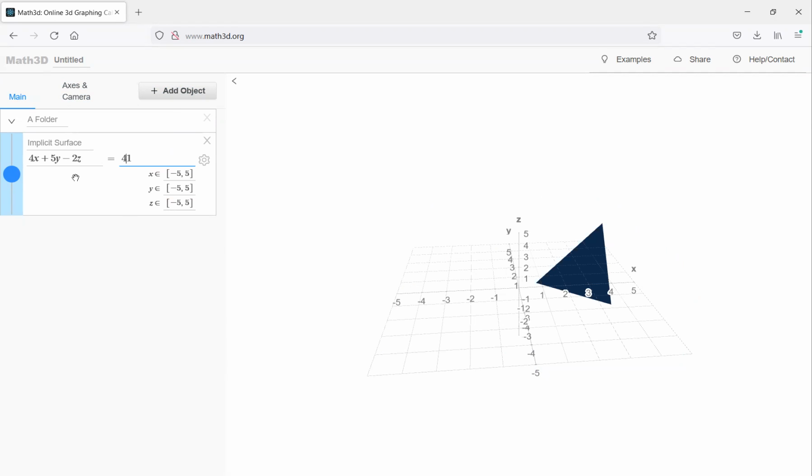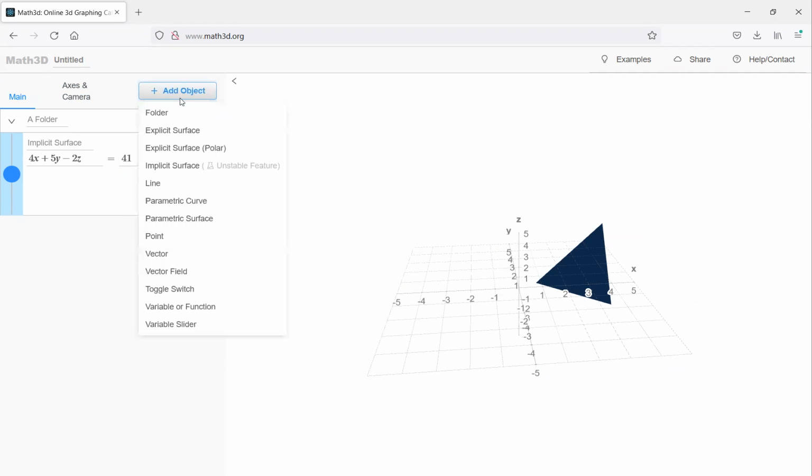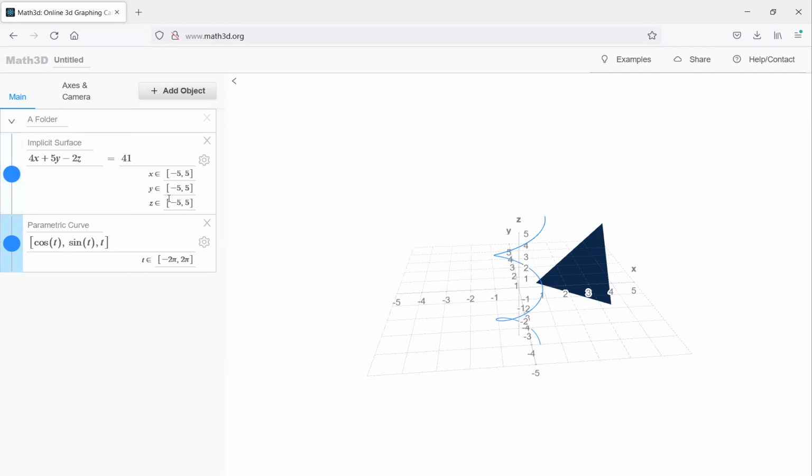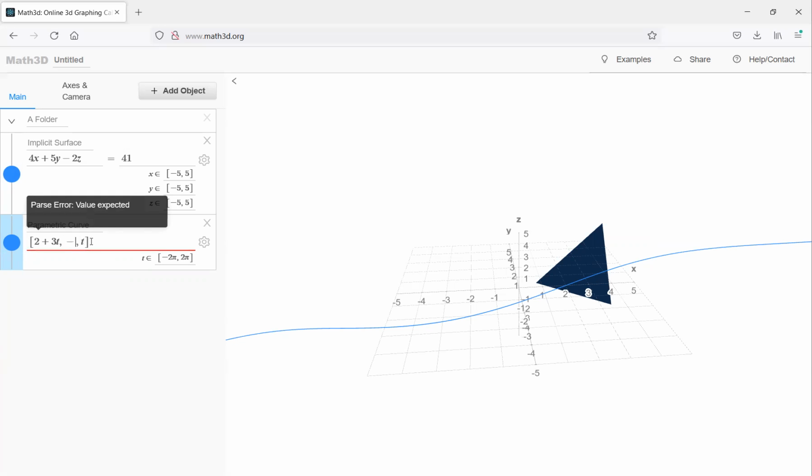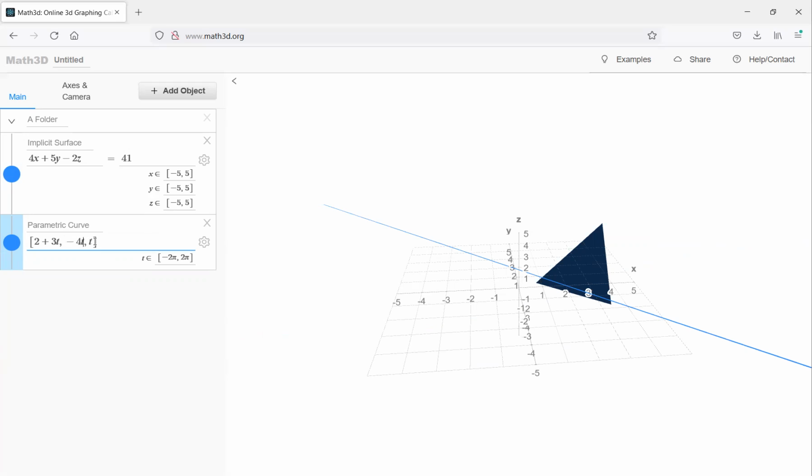So this is our plane. Let us add the line. Two plus 3t, negative 4t, and finally 5 plus t. And this is our line.